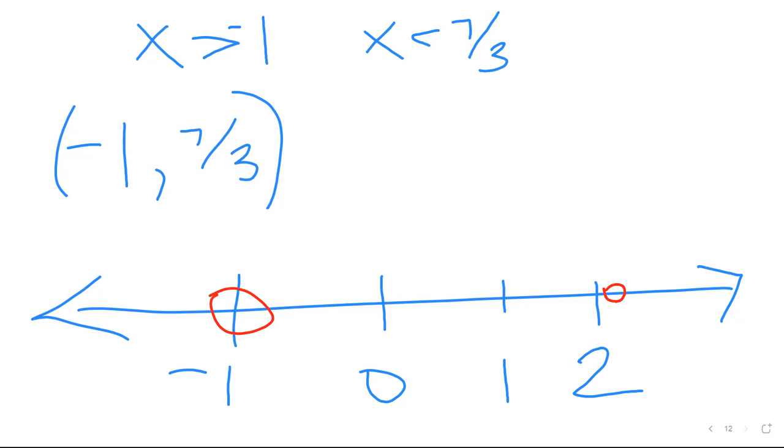That 7 divided by 3 would give us 2.33 if we check that in our calculator. So a little bit past 2. And notice these are joining in the middle because greater than -1 is going to go this way. Less than 7/3 right here is going to come to the left this way. So those are meeting in the middle on that particular example.